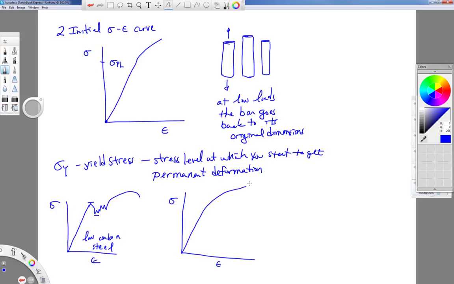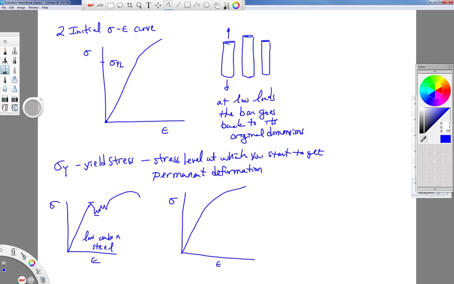Now here's the thing about doing a tension test and defining my yield stress as the place where we start to get permanent deformation. If you think about it, when you go into the lab and you want to do a tension test, you're not going to stop it and measure the specimen every single moment you apply another incremental load.